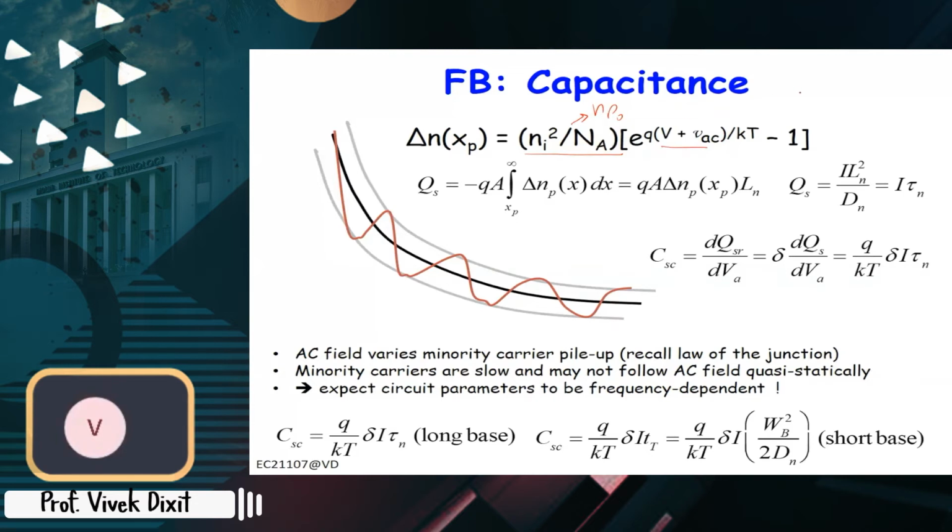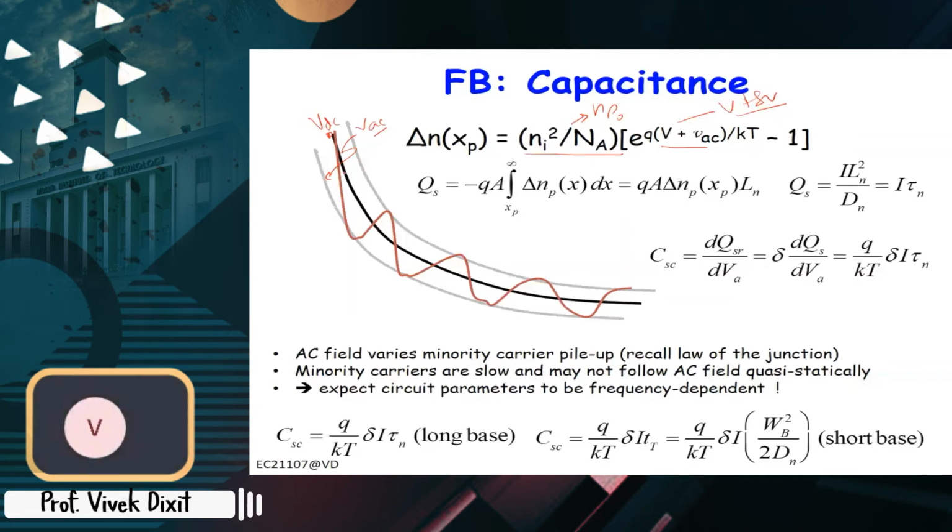What we do basically is choose a DC operating point. This is VDC, and this is VAC, or you can say this is V plus delta V, where delta V is the AC part. The voltage is not changing from plus V to minus V; a small voltage is superimposed on the DC voltage V.